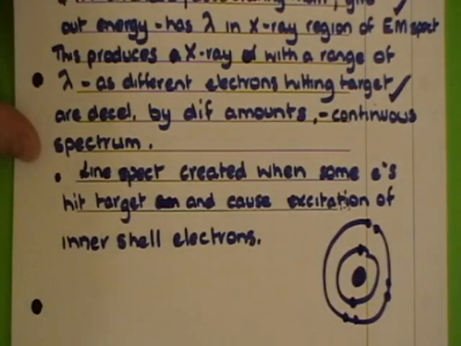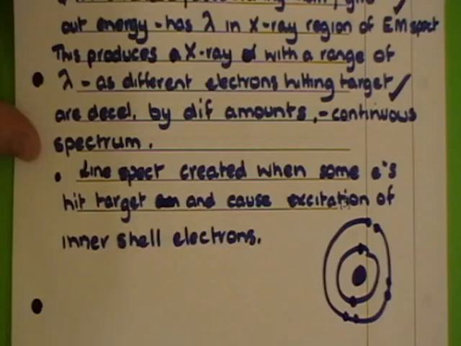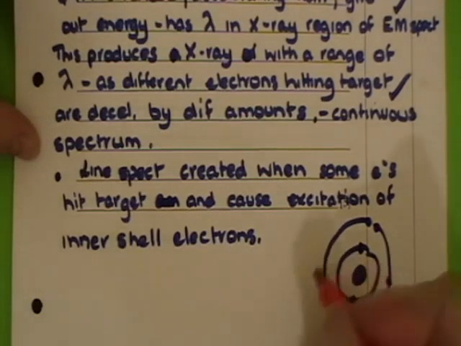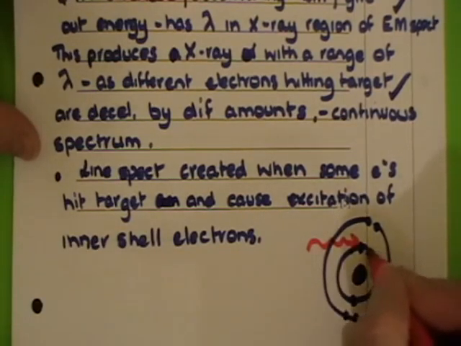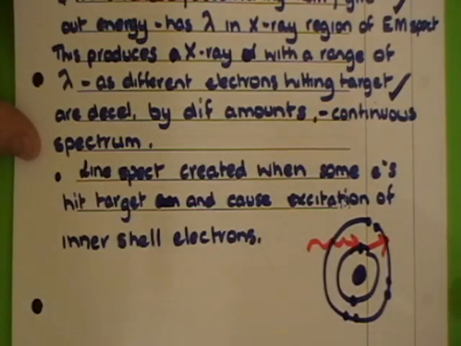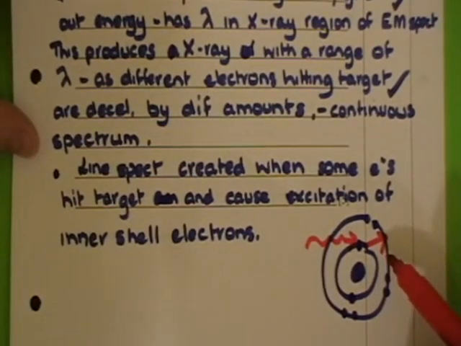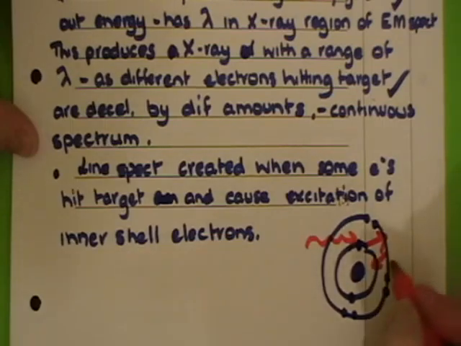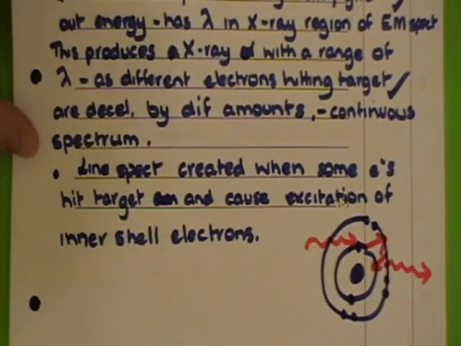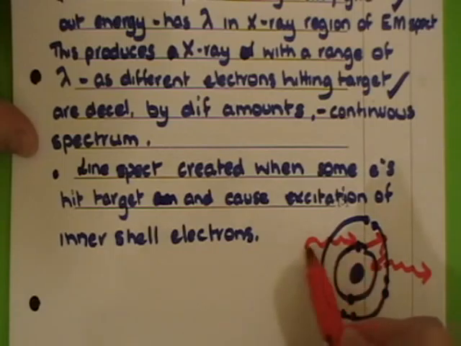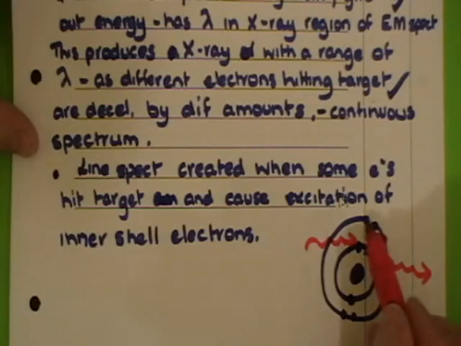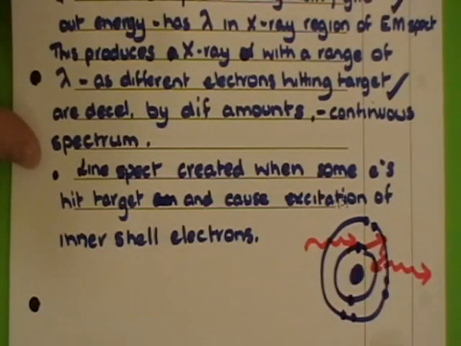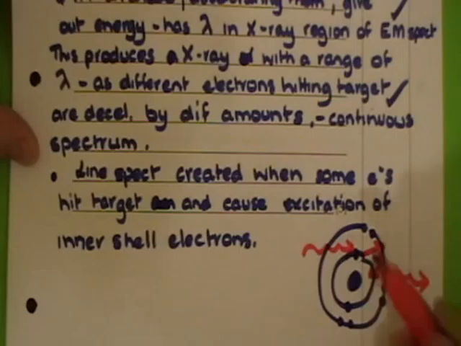If you have an electron coming in here, let me get a red pen for you, and it hits one of these inner shell electrons, and it moves up to an upper layer, then it's unstable, but for a very brief period of time, and then it comes back down again. And when it does that, it gives out the energy it had absorbed. So it absorbs energy from the electrons coming in which hit it. This is your material of your target, probably tungsten, or your anode there. So this is one of your atoms of your anode.